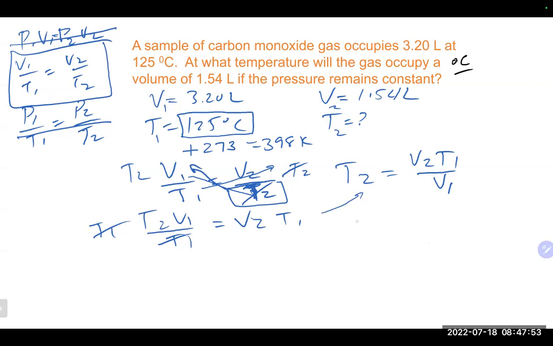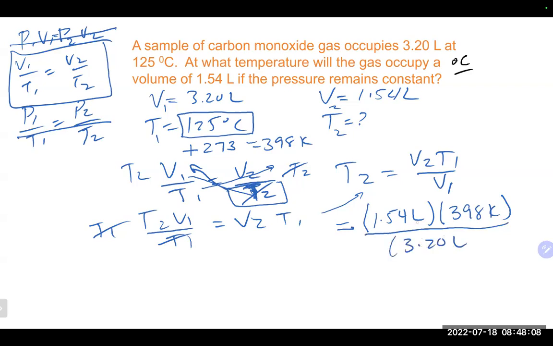At this point, we're going to put in our numbers, hopefully correctly. So we're going to go with V2, which is 1.54 liters. We want T1, which is 398 Kelvin, and V1, which is 3.2 liters. Those are going to cancel.